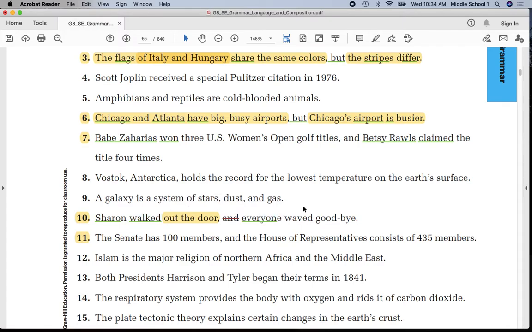Everyone once, waved twice. Can you see where the line would go to separate the complete subject and the complete predicate in both of these sentences? You're correct if you said between Sharon and walked and between everyone and waved.